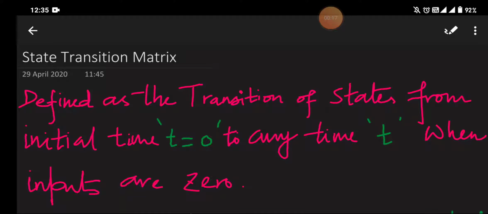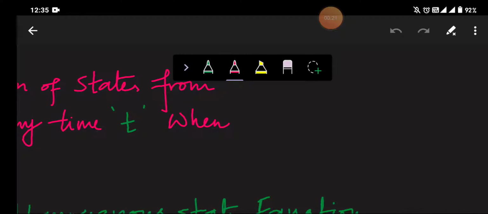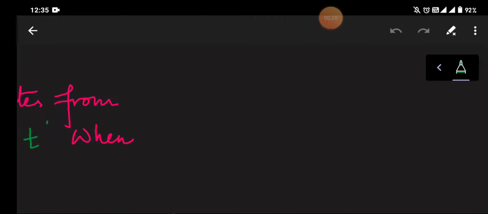Till now, we have studied the state model and we have formed these two equations. Also, we have developed the block diagram model for the state model.